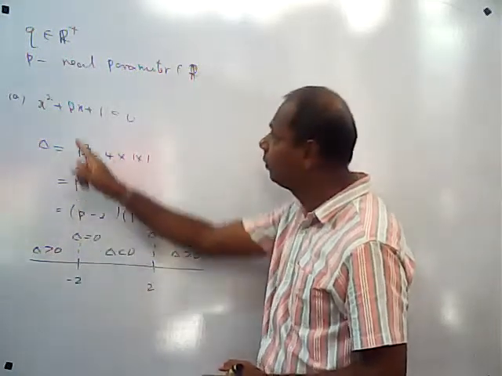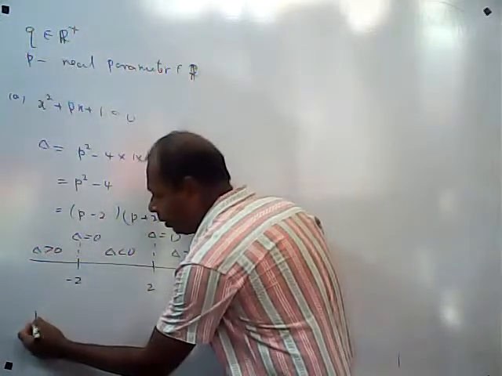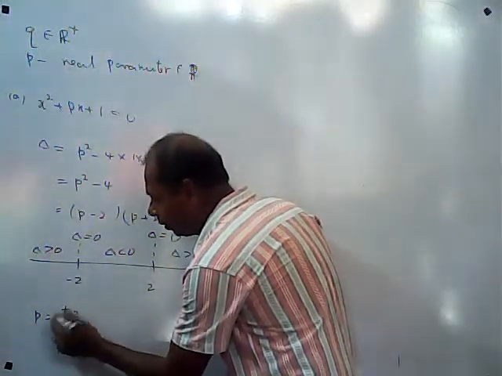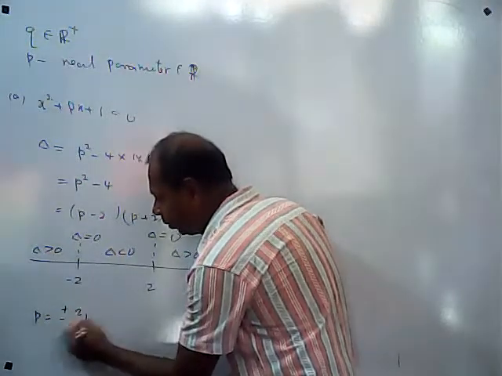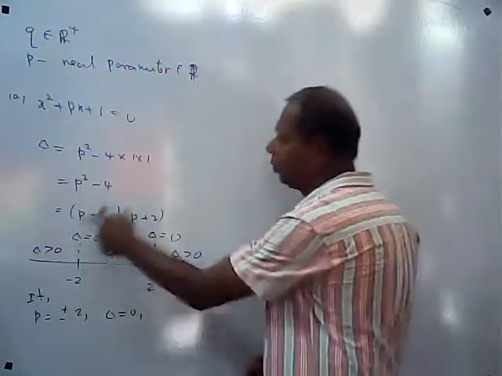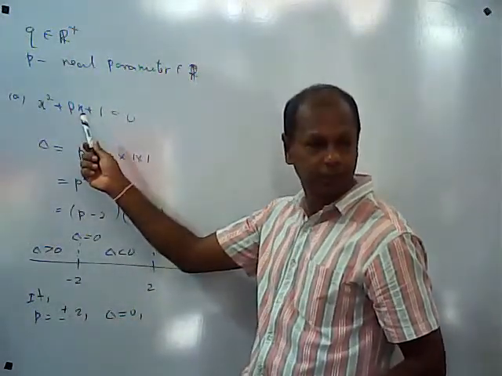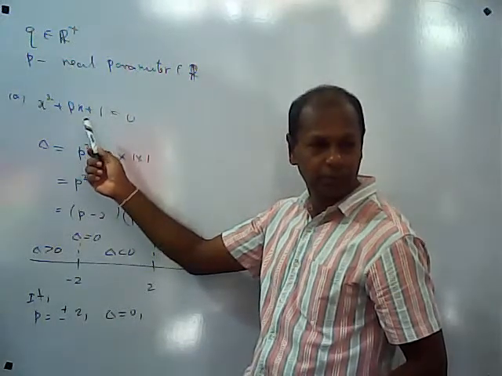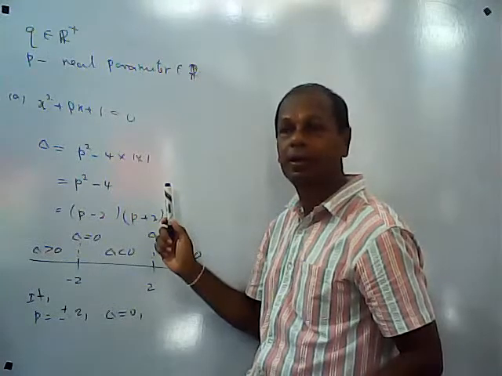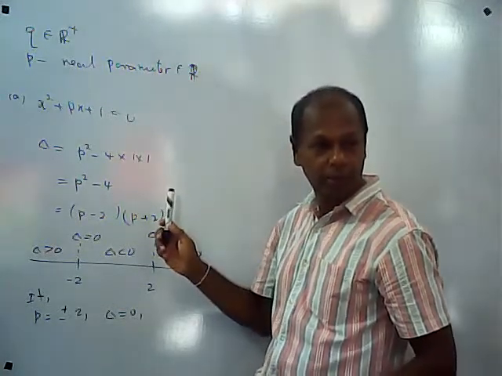So if p equals minus 2 or plus 2, plus or minus 2, then delta is equal to 0. So if delta is equal to 0, roots of this equation, delta equals 0, are real and coincident.